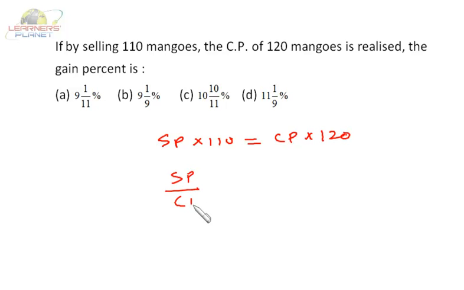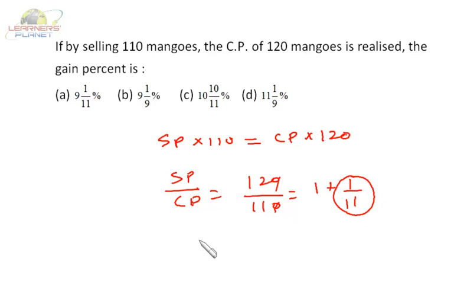That means SP by CP is equal to 120 by 110. So it is 1 plus 1 by 11. That means 1 by 11 is the profit part and the percentage is 1 by 11 into 100. So from here the denominator should be 11. So it is 99 plus 100 by 11. So option A is the correct choice.